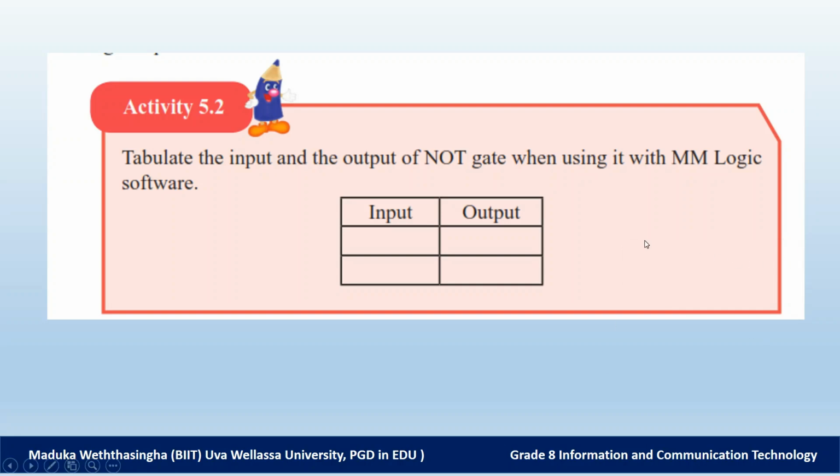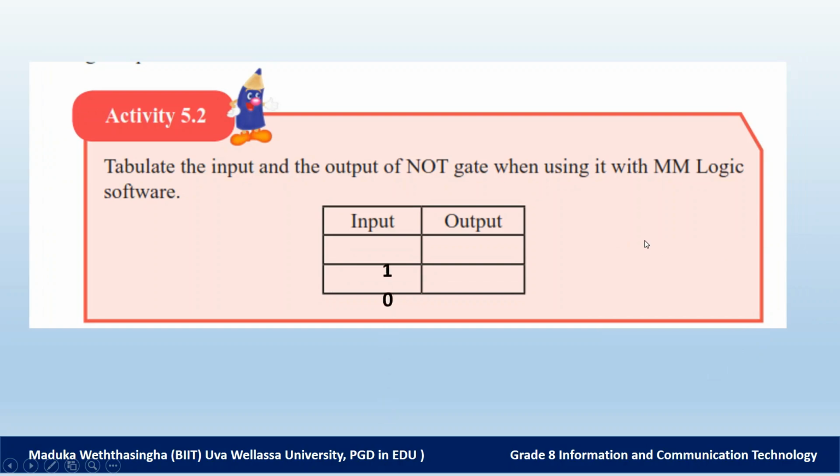Here, the inputs are 1 and 0, and the outputs will be 0 and 1. If we input 1, the output is 0. If we input 0, our output is 1. So in the next video, let's discuss how to develop circuits using the AND gate and OR gate, and let's identify their functions.